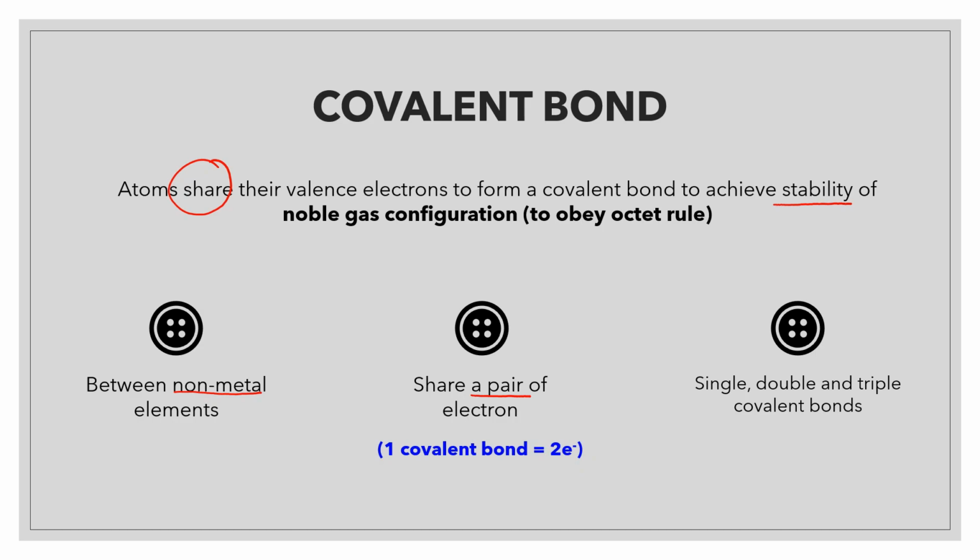So one covalent bonding has 2 electrons. And we can have single, double or triple covalent bondings, and it can be represented by using single dash for single bonding, okay, double lines for double bonding, and the 3 lines here to represent triple covalent bond.